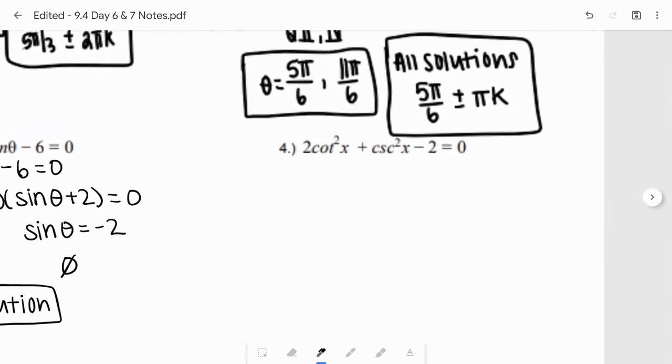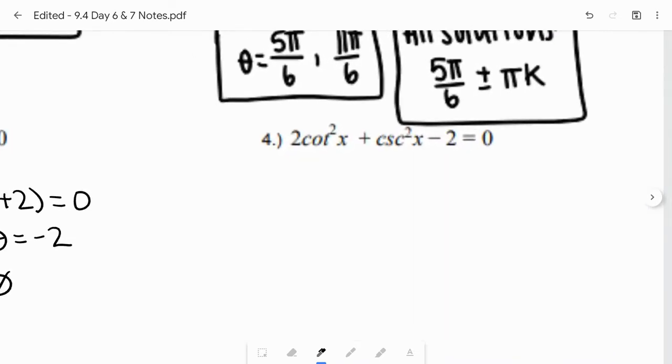Number 4, we have 2 cotangent squared x plus cosecant squared x minus 2 equals 0. Okay, well, I can't really have two different trig functions here, but I do know that I can change cosecant squared x to cotangent squared by using one of our identities that we wrote above.